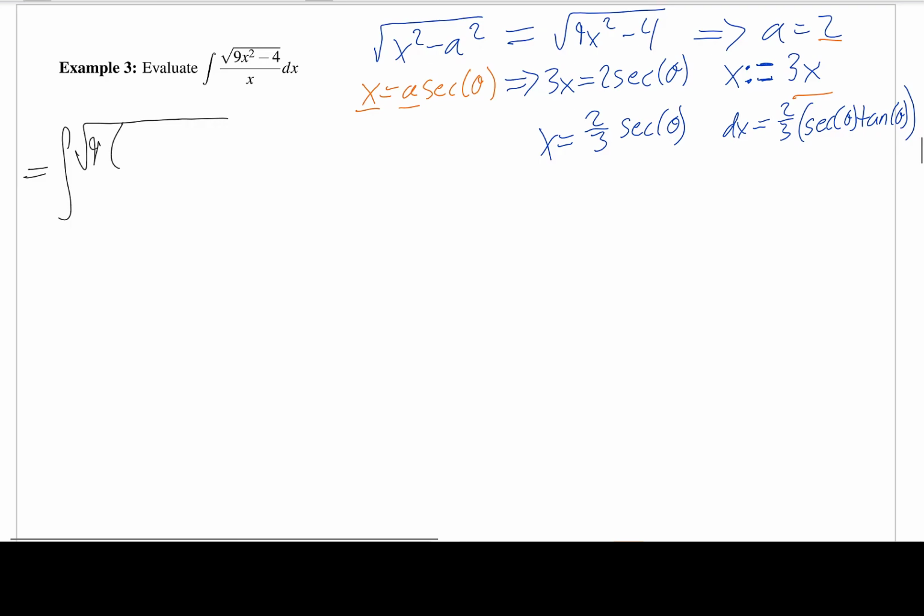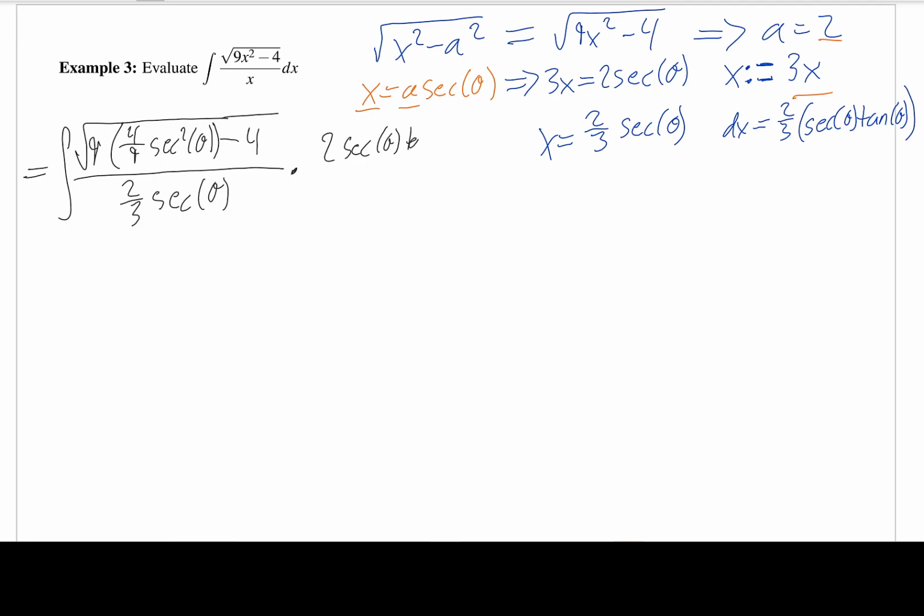So that should be, let's see, that's going to be 2/3 squared, which is 4 over 9, times secant squared theta, minus 4, over x, so that's going to be over 2/3 secant theta, times dx, so it's going to be times 2 secant theta tan theta over 3 d theta.